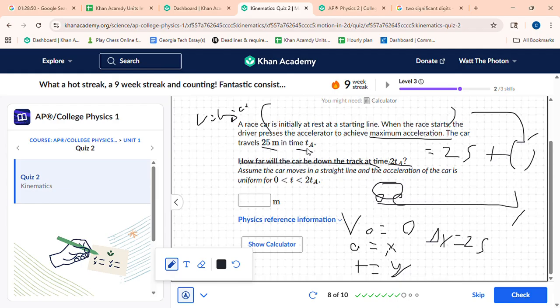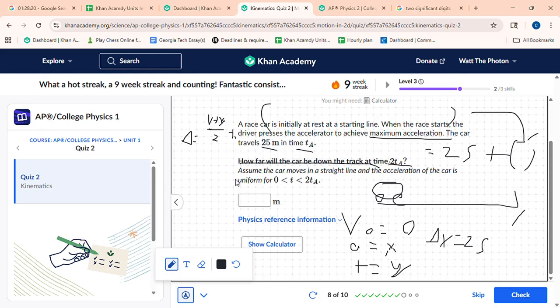Now let's choose another one. I don't like that one. We have delta x equals velocity naught times t, plus the average velocity.